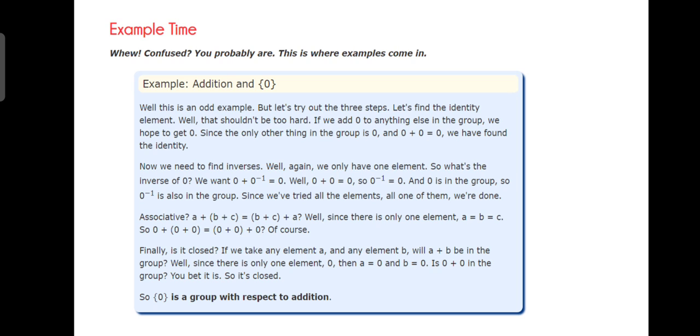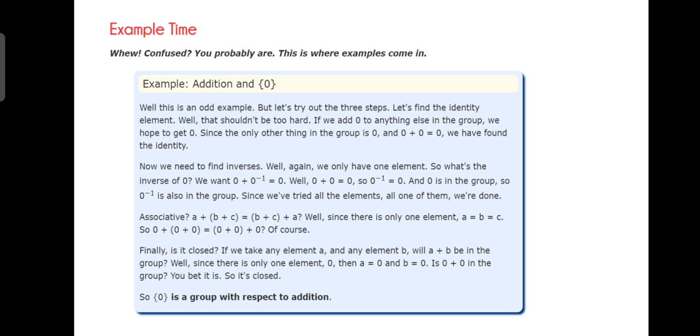Again, in this property we need to take three elements. Since we just have one element, we take all the three elements as 0, and if we combine three elements in whichever order, 0 will remain 0, so our associative property is also satisfied. The third property is existence of identity. Identity is an element with which we can combine any element and it gets the element itself.